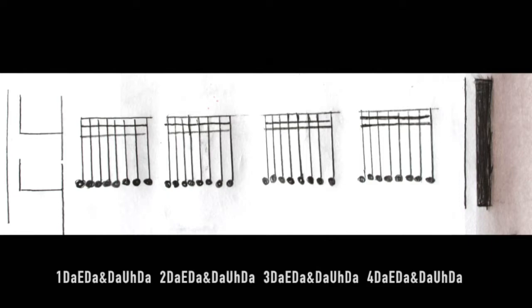Watch. Quarter note, 1, 2, 3, 4. Eighth note, 1 and 2 and 3 and 4 and. 16th note, 1 E and a, 2 E and a, 3 E and a, 4 E and a.